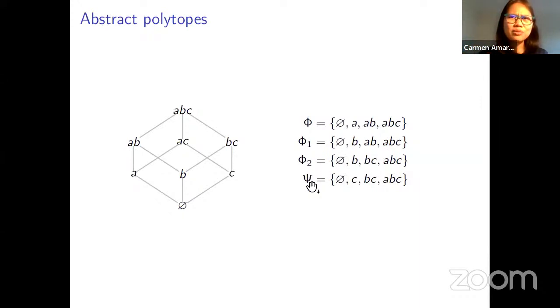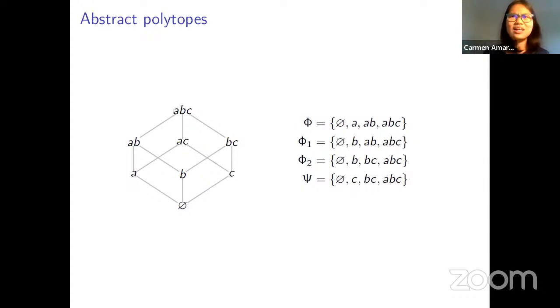Now, compare phi 2 with psi. They contain the intersection of phi and psi, and they also differ in exactly one face, which is yung doon sa vertices. So what do we have?